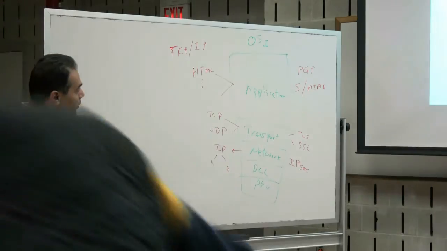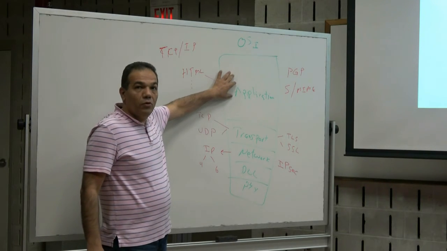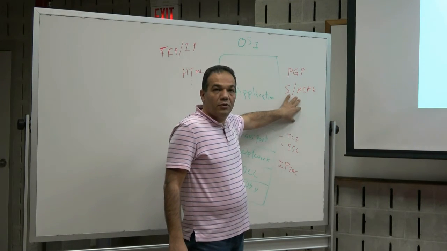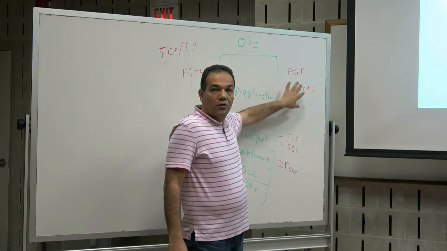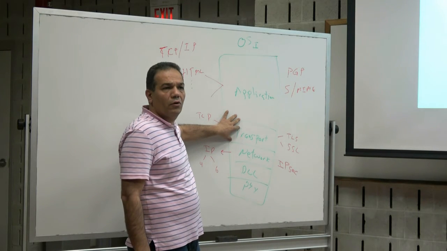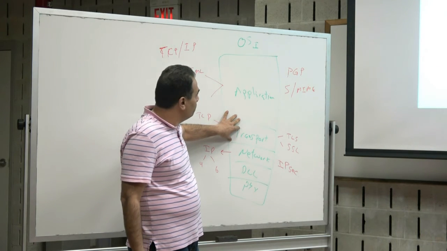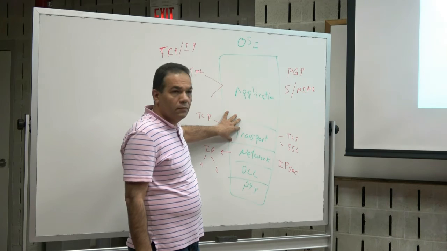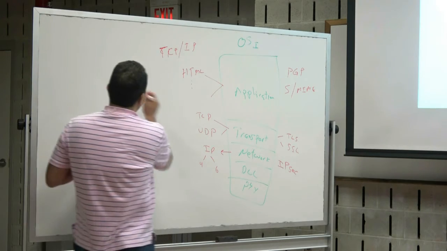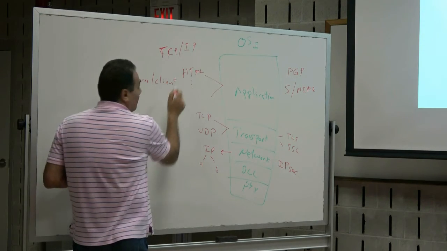Do you agree? Alright, so the question is, last time we used, for example, PGP and S/MIME, and we have seen how we could encrypt and do authentication and authorization and all of that. So why do we need another level of security at the transport layer? Here we are looking at server, client, application, right?